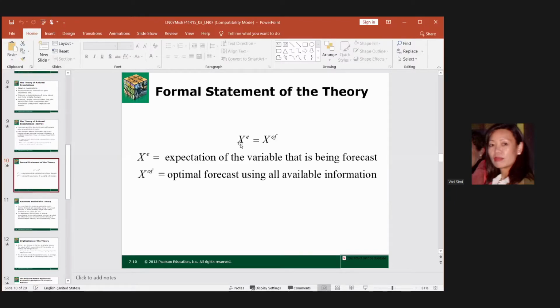If it is inflation, you expect inflation based on your optimal forecasting, and it should be equal, because you already did all the possible calculation and then your expectation will be there. So think about them being equal. This is easy to interpret, so just follow this theory and logic.